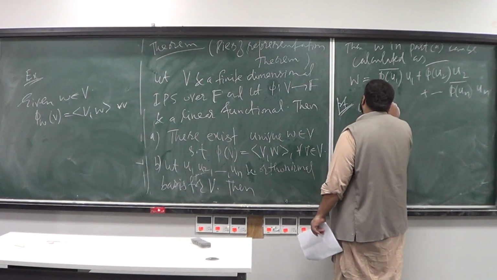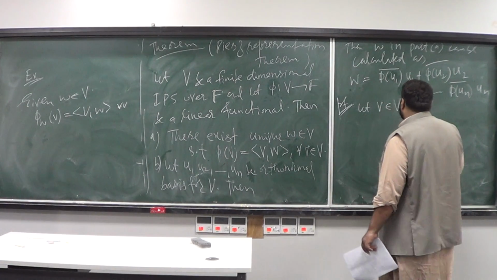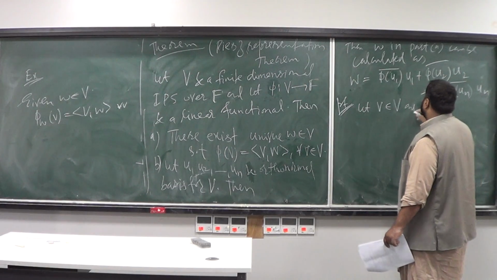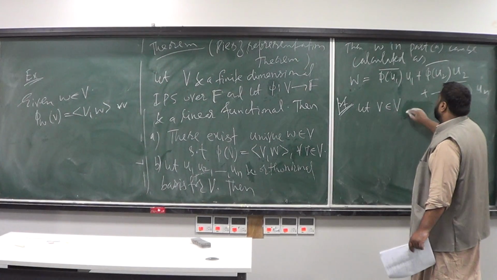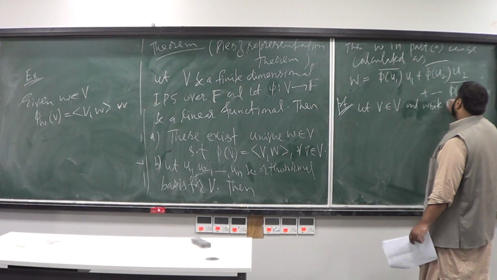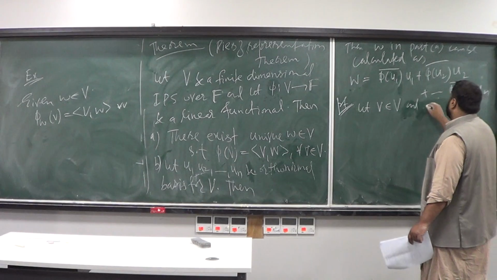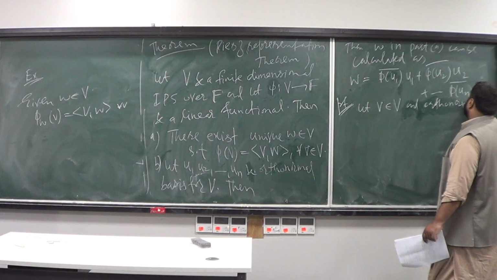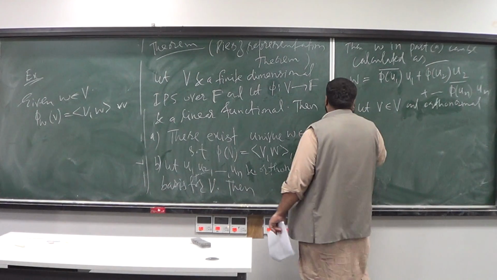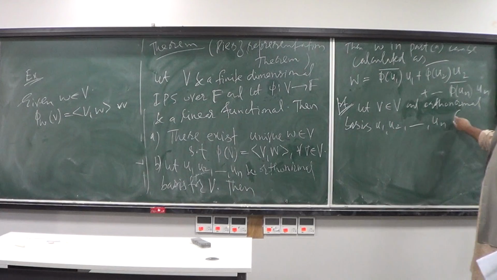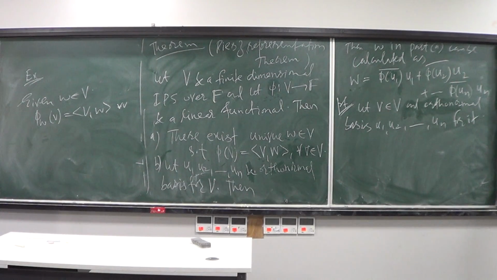So take a vector v from the inner product space V and write it in terms of an orthonormal basis u1, u2, up to un for it.